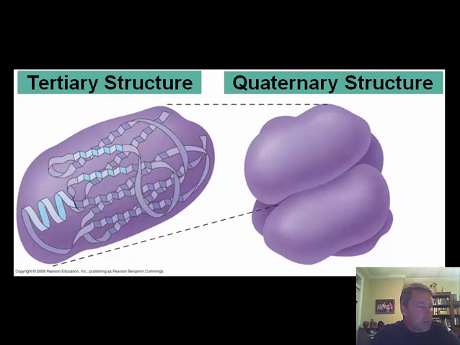Okay, so that's our proteins, and then our last macromolecule that we're going to look at is our nucleic acids. And the nucleic acids are important structures. There's only two types of nucleic acids.